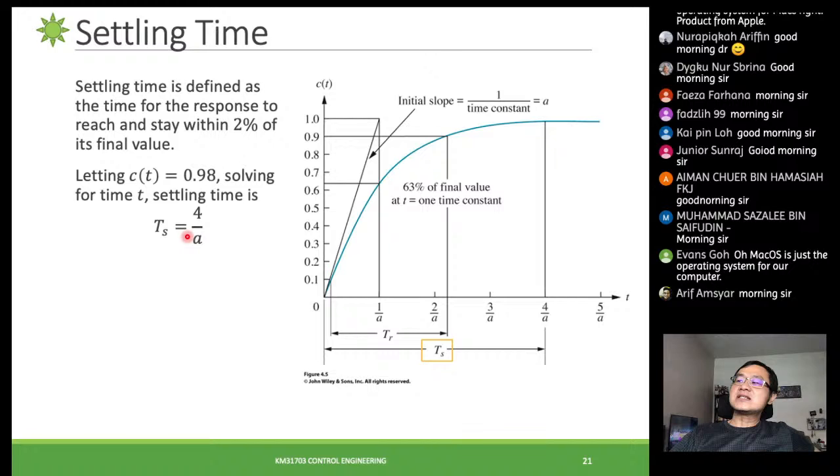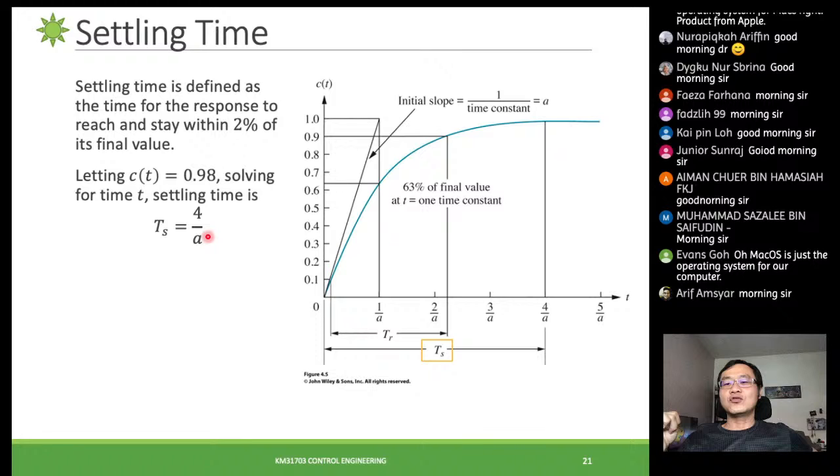By knowing the exponential frequency, the a value, basically you don't need to plot all these things. You already get the settling time, the rise time, as well as the time constant if you want.